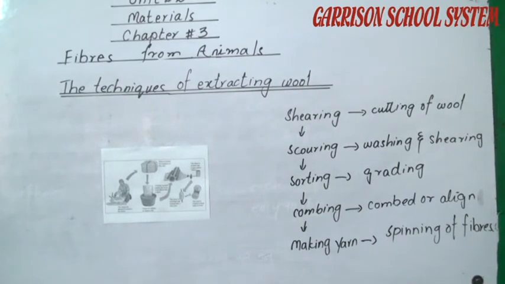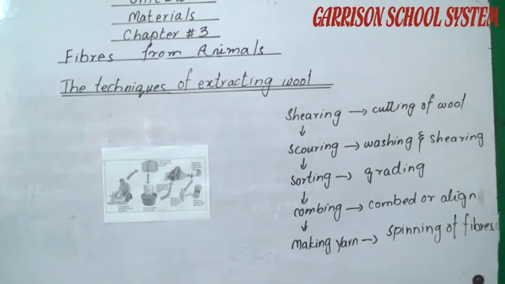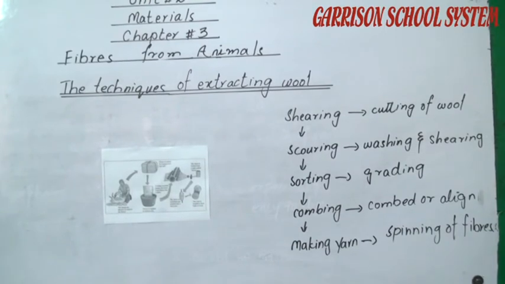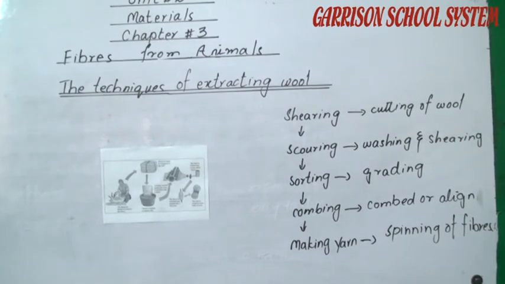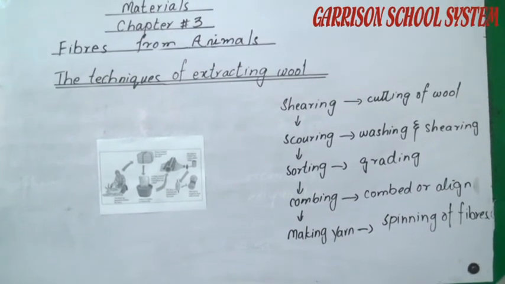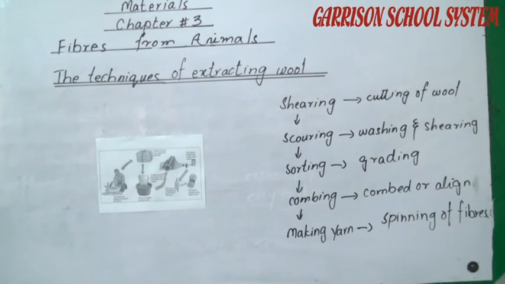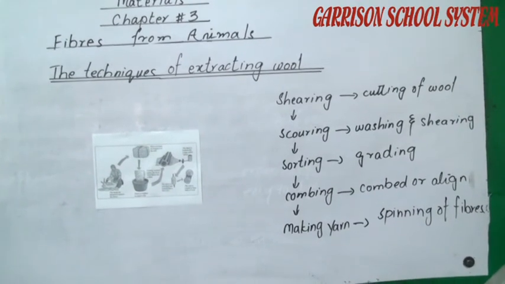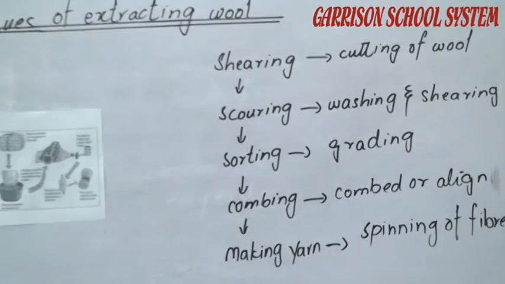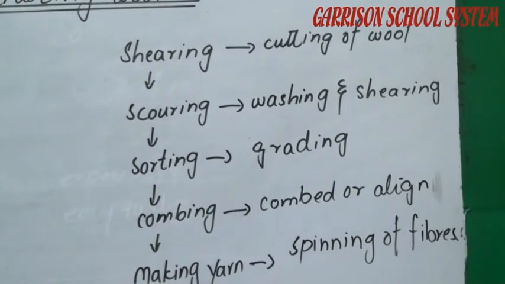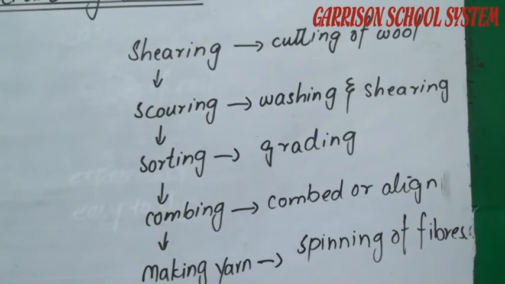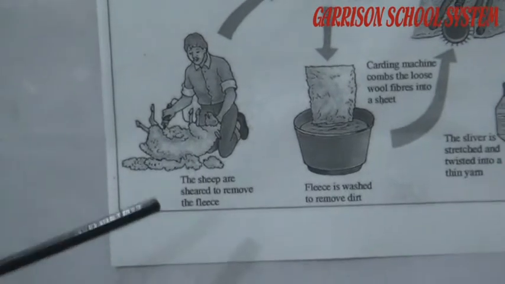I already told you that yarn is that stage in which the fibers are spun and now they are ready for the sewing. So in making yarn, the fibers are spun into threads or yarn for weaving, crocheting or knitting. The width of the finished thread depends on how it is handled during spinning. There is also the diagram on the board in which these techniques are shown very clearly.